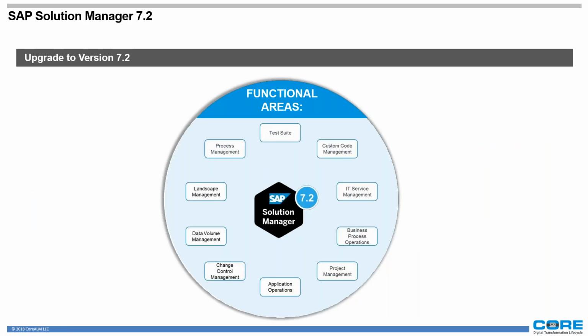Now, to recap very quickly, as we've reached almost the end of the presentation, Solution Manager 7.2 with these 10 core functional areas really provides you the tool set that will make your life a lot easier to manage your applications, or go through Application Lifecycle Management.